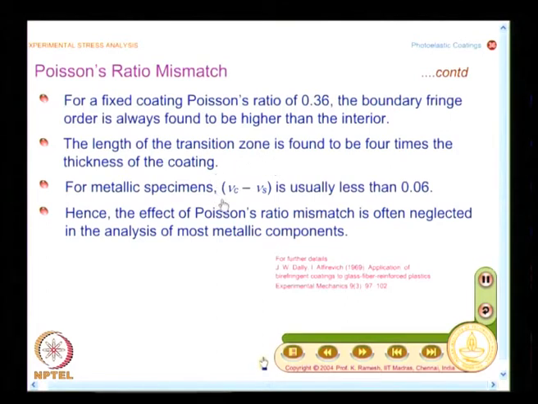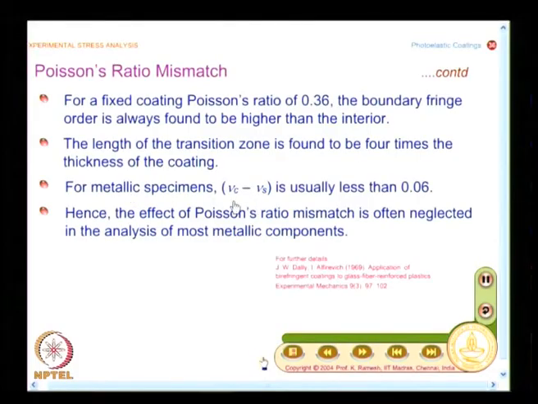And what you actually have to look at is, what is the change in the Poisson's ratio? You know metallic specimens, the Poisson's ratio is around 0.26, 0.24 to 0.26 is what you have. So, typically the Poisson's ratio difference nu c minus nu s is usually less than 0.06. So, the final conclusion is, for most metallic components, the effect of Poisson's ratio mismatch is often neglected.